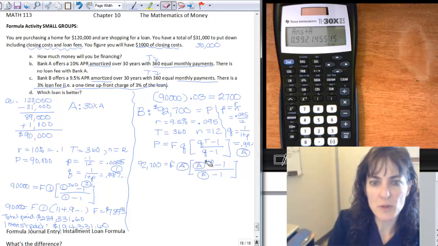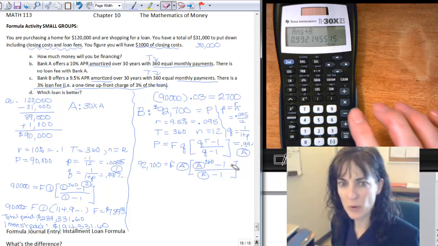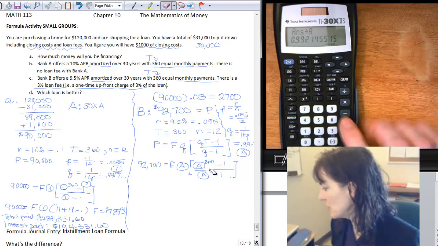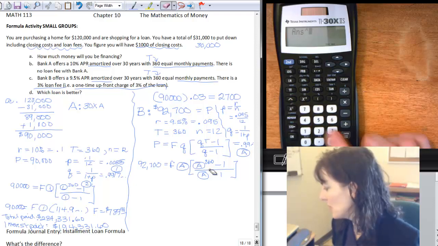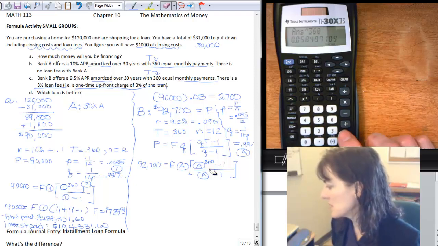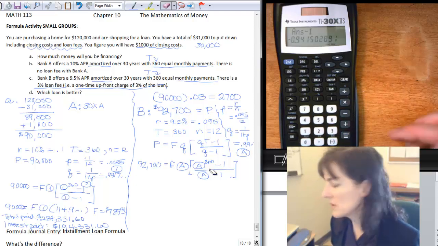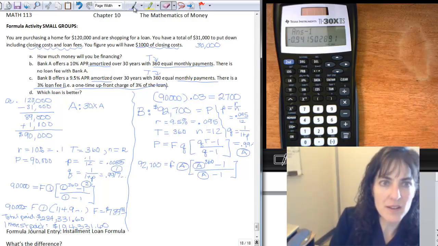Remember, I'm going to want to do this numerator, the exponent, minus 1, first. So I have the 0.99 sitting on my calculator. I just need to raise it to the 360th power, equals, and then subtract 1 equals, and that's my whole numerator.